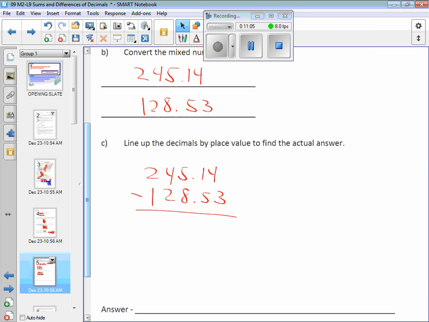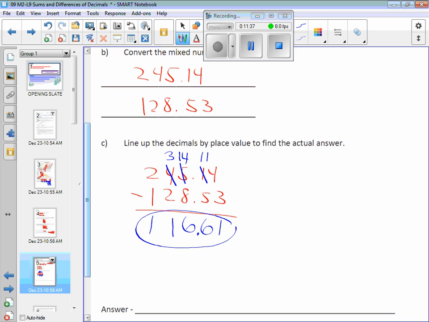Bridge? Looks good. Wait, you're not out of the woods yet. We've got to change it back into a mixed number.